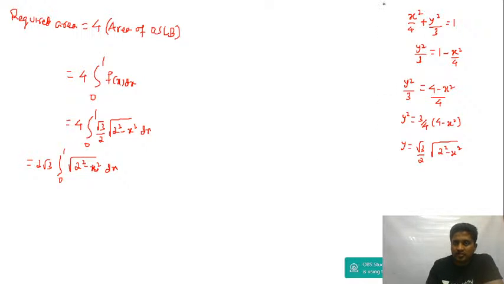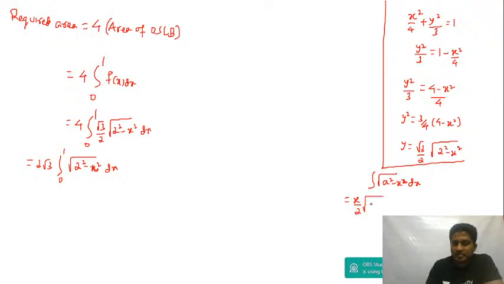Now once I'm done, I'll use the formula: the integral of root a square minus x square is equal to x by 2 into root of a square minus x square plus a square by 2 sine inverse of x by a plus c. So this is 2 root 3 into a bracket, x by 2 into root of a square minus x square.